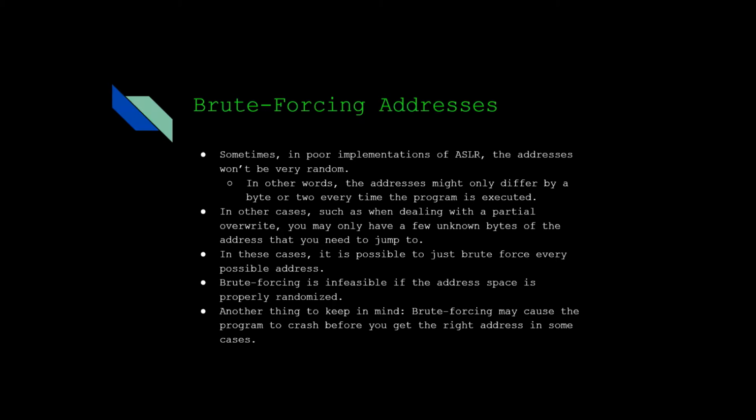In both of these cases, it is possible to go through every single possible address and try to brute force it. Now, brute forcing becomes infeasible the bigger the address space is. If it's properly randomized, it's going to be very difficult to brute force, and it's going to take a very long time.